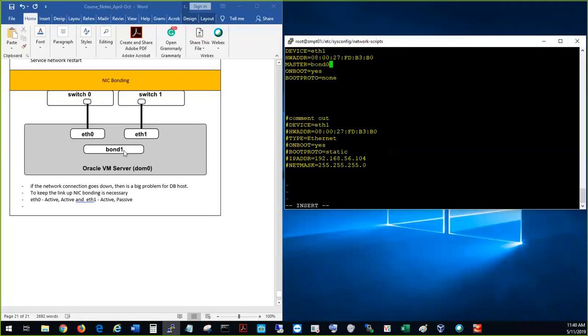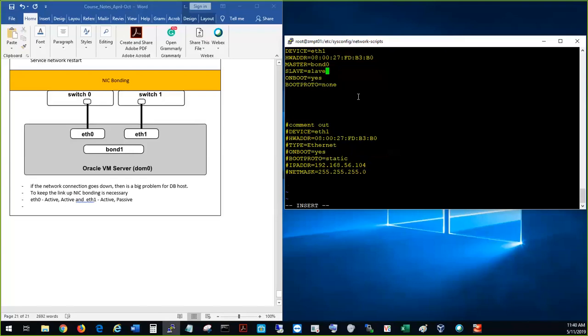It's a virtual Ethernet adapter, not physical. So we're going to create another Ethernet adapter named bond0, and that will be the master. So this is a master here, and then what we're telling this system is, you are a slave. This Ethernet adapter is a slave to bond0.